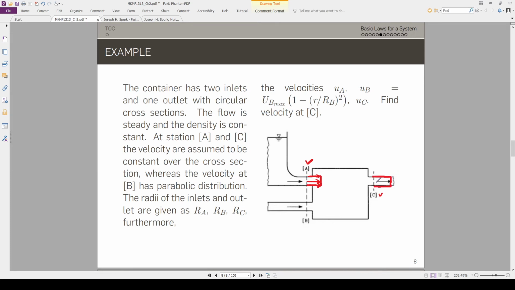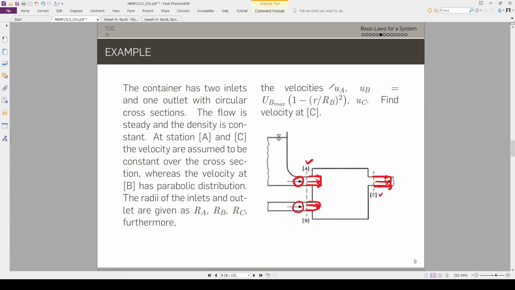At point C, the velocity leaving the container is constant as well, but at point B, where the velocity comes into the container, it has a parabolic shape. The radii at stations A, B, and C are given by RA, RB, and RC. That means the cross sections at all stations are circular.